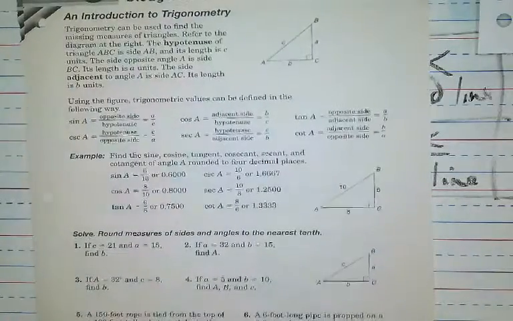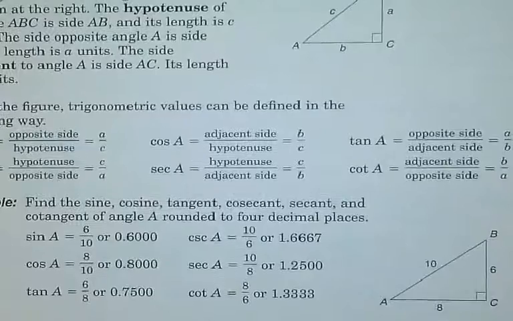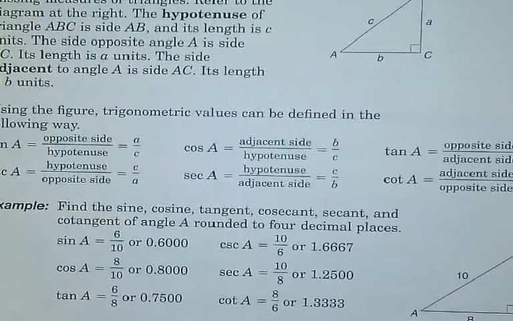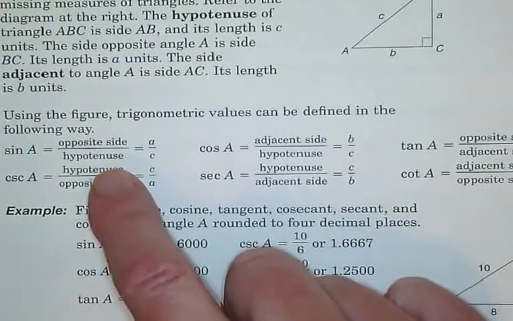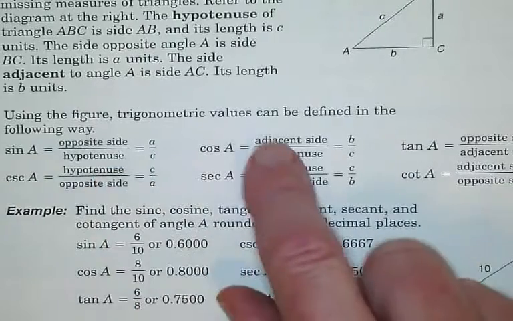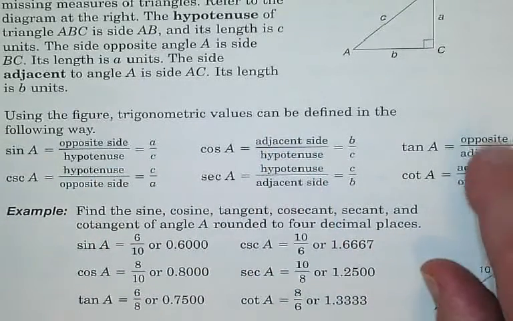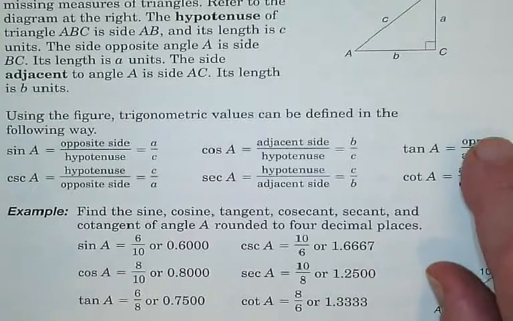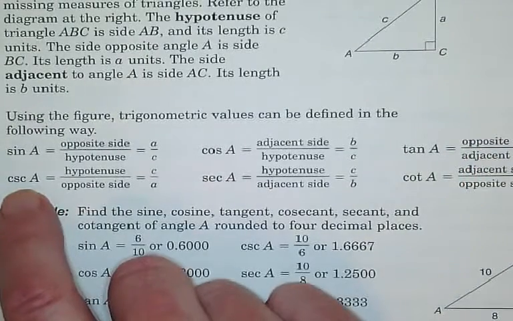Okay, we are doing the 6 functions of trigonometry. So let's look at the functions right here. We know about sine, opposite over hypotenuse, and cosine, adjacent over hypotenuse, and tangent, opposite over adjacent. But we didn't learn about cosecant.